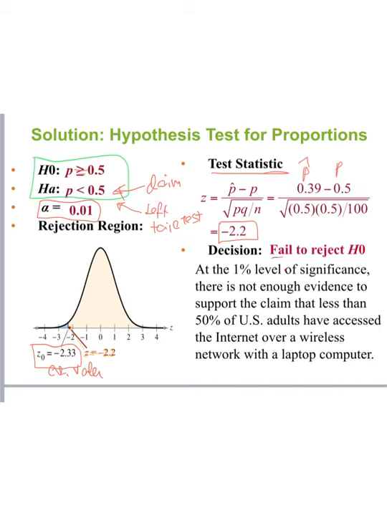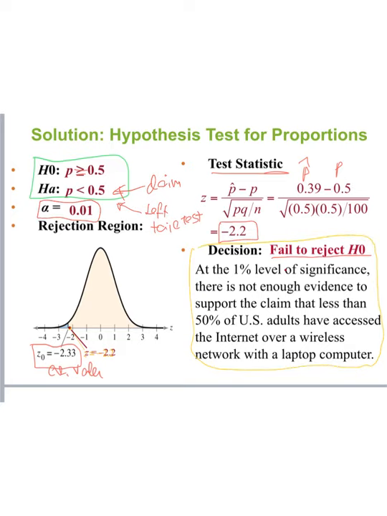We fail to reject the null hypothesis, which means it might be true. At this level of significance, there's not enough evidence to support the claim, the alternative hypothesis that less than 50% of adults have accessed the internet over a wireless network with laptop computers. So that is our conclusion.